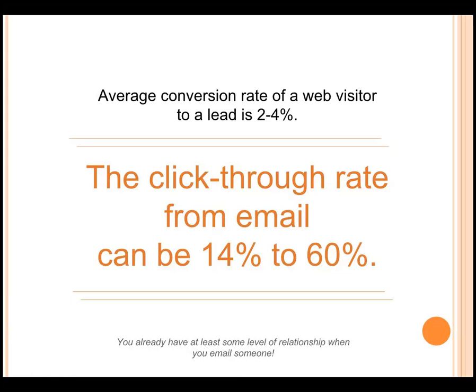And back when I owned a marketing agency, we actually had one email that every year produced a 60% click-through rate. It was complete insanity. However, how many of those leads were good leads for us? Not so many. So, if you're in the 14 to 20% range, you're doing great. Any more than that, you get a straight A.